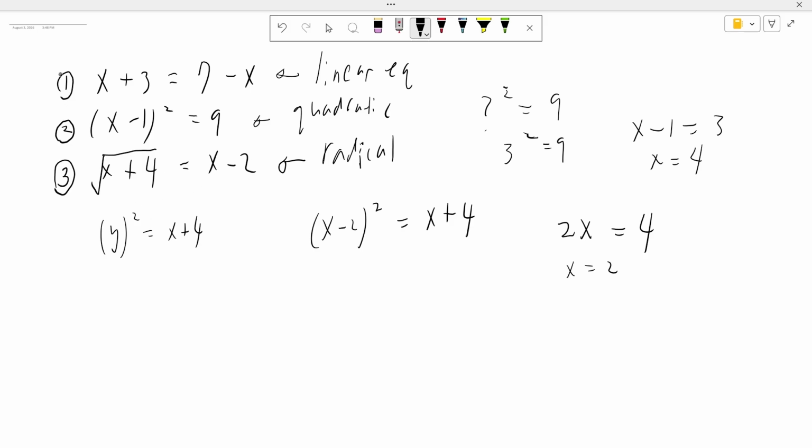But for number 1, as it is written like this, it really doesn't. It's not in a form where we can ask the same sort of question as 2 or 3. But if we just combine the x's and combine the numbers and get to this form, but notice we haven't yet solved for x. We haven't done this yet. But if we just phrase it like this, then we know what question this equation is asking.